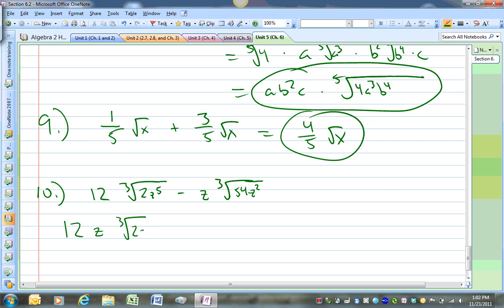You have cube root of 2z squared minus z times, now 54, and it was 27 times 2.